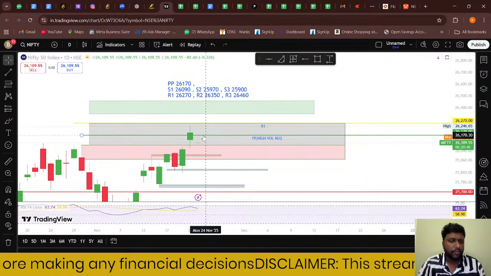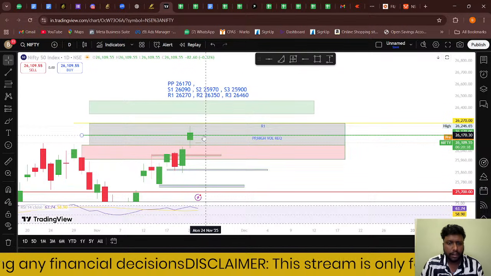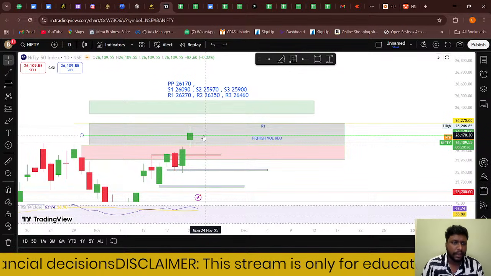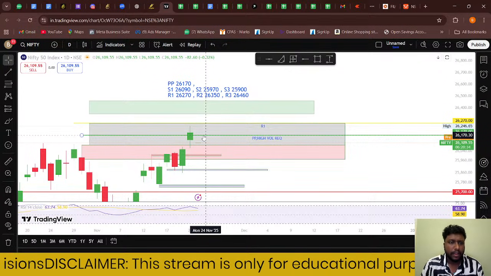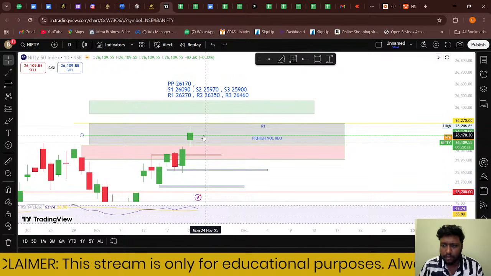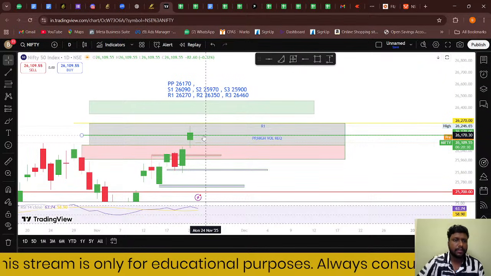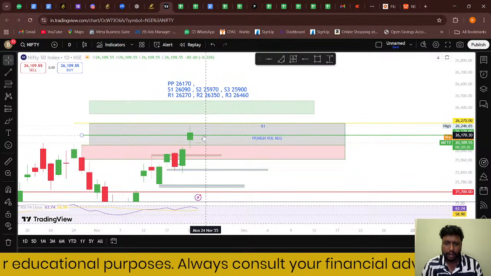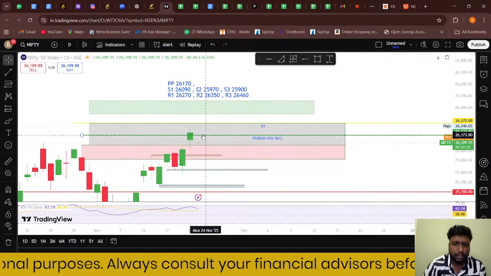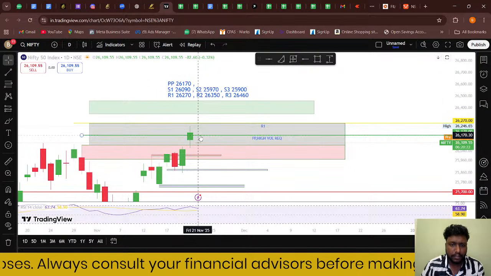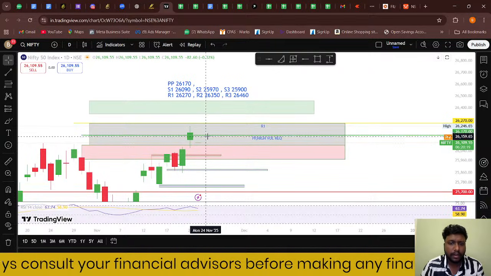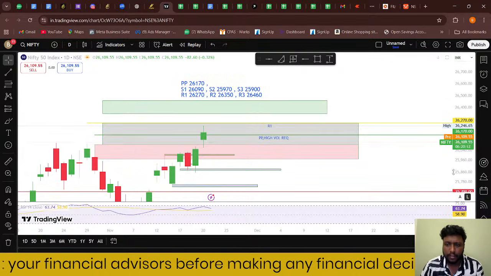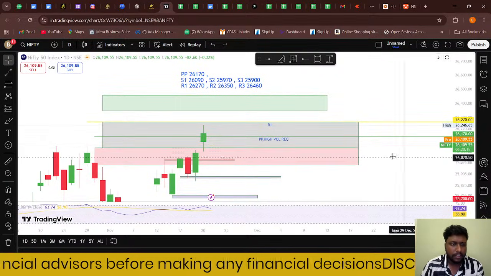We will wait for the first initial 10 to 15 minutes for a proper direction to be clear, and we will validate it with the volume, how much volume is supporting that particular direction. Then only will I plan a trade. You can utilize this level if it is retesting or reclaiming this particular pivot point level, which is at 26,170.